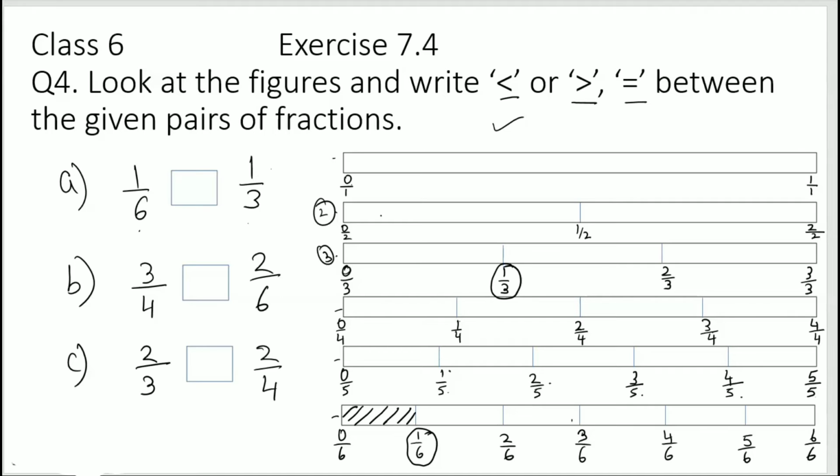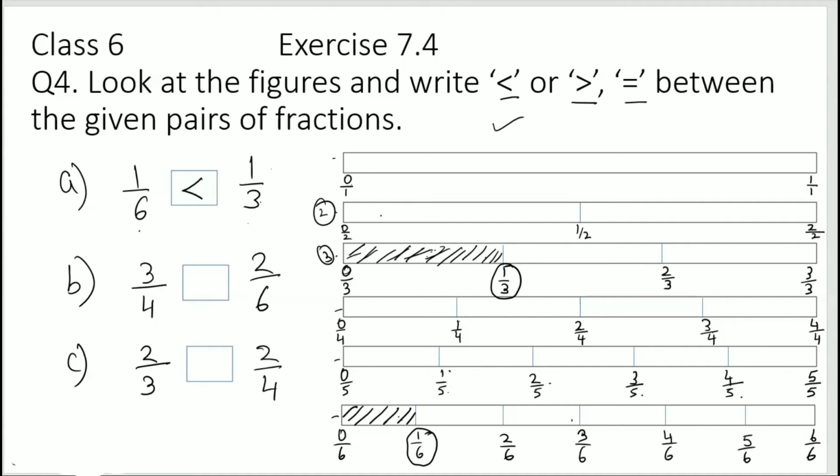And 1 by 3 means one part out of 3 parts. So this part here, the one I have shaded. Now if I compare these two, obviously 1/3 is greater than 1/6. We can make out from the figure 1/3 is greater than 1/6, or 1/6 is less than 1/3. So we will write here less than.